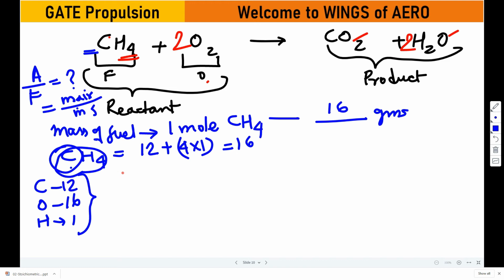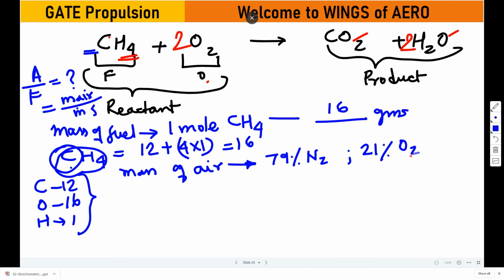Similarly, we have to find the molecular mass of air. In the atmosphere, we have 79% nitrogen and 21% oxygen. Here in this problem they have given oxygen, and from that we are going to find how much molecular mass of air is present.